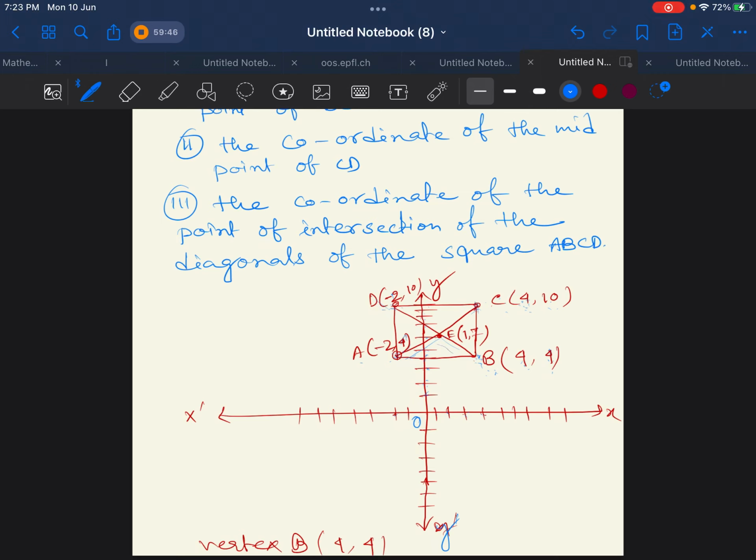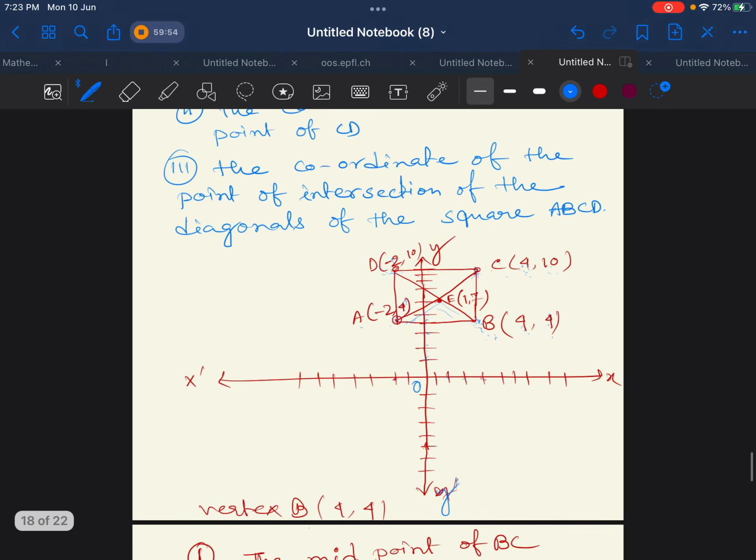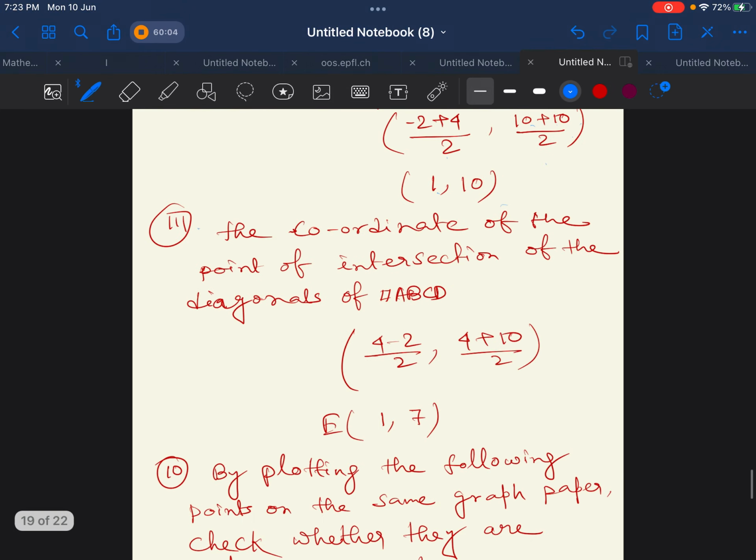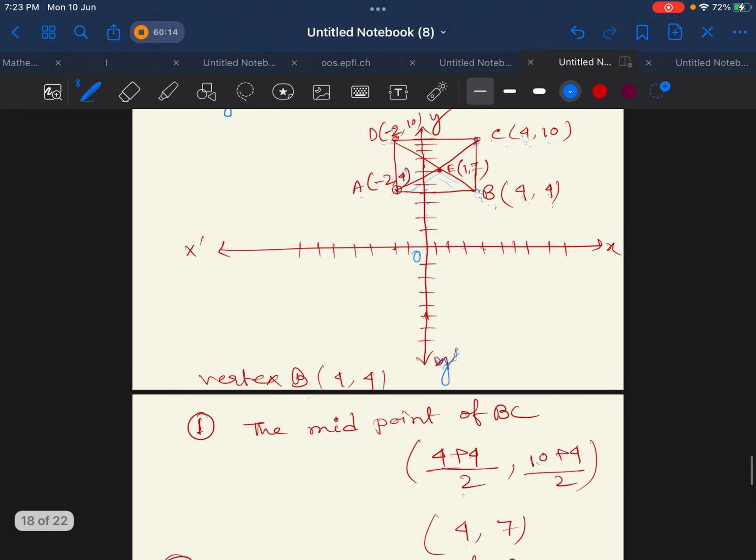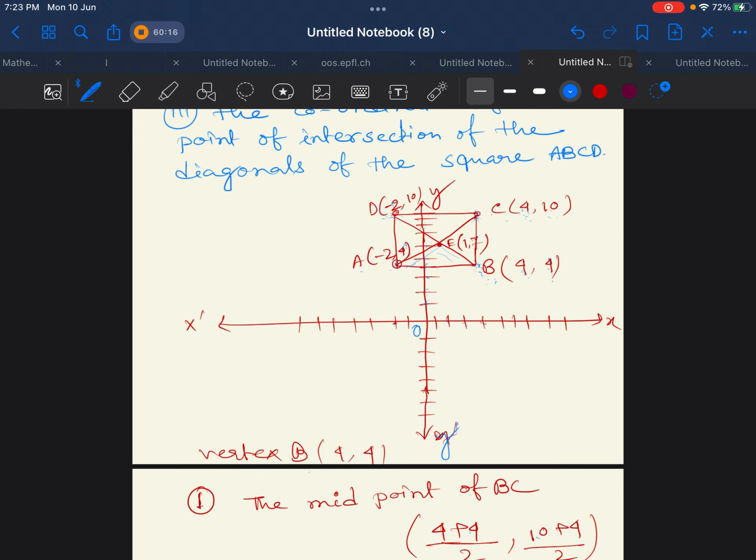We know how to calculate the middle point of a line. So here BD is the line. We have to calculate the middle point of BD. 4 minus 2 by 2 and 10 plus 4 by 2, so 2 by 2 is 1, and 10 plus 4 is 14 by 2 is 7. Okay, so this point is (1, 7).